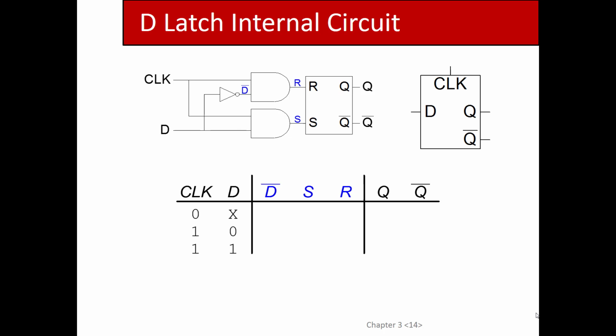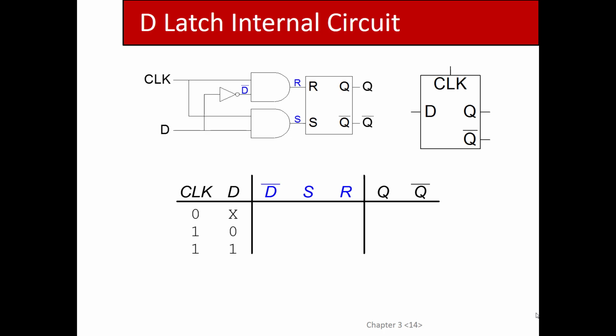If I lower clock, meaning set it to 0, then whatever the value of D was at the time I lowered the clock will stay in there. At which point, no matter what I do with D, I'll always have the old value of D coming out as Q. Does that make sense?